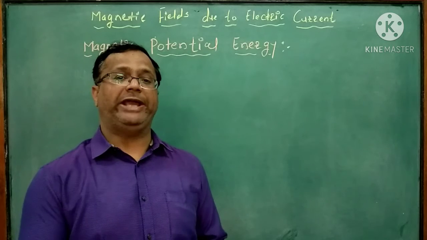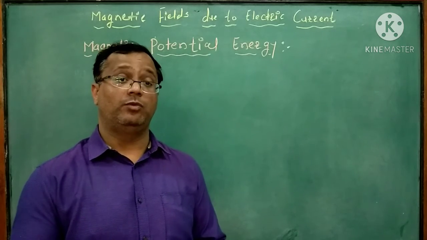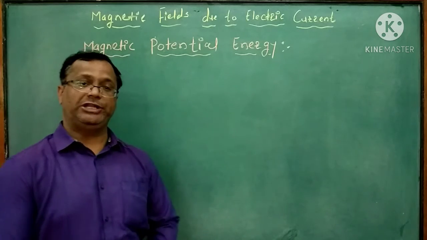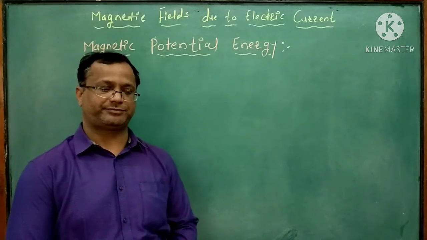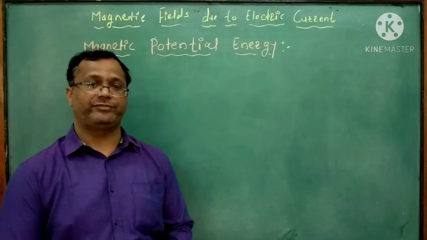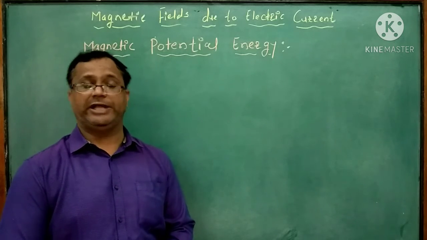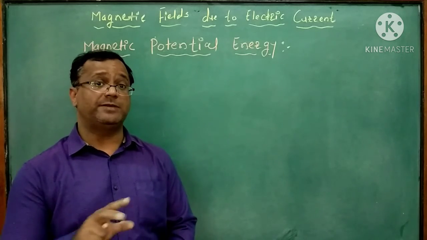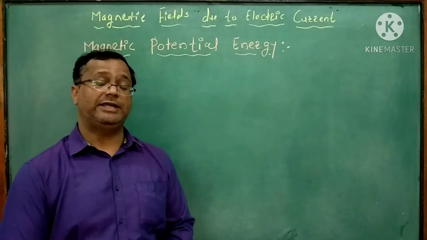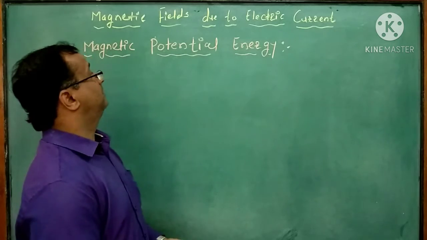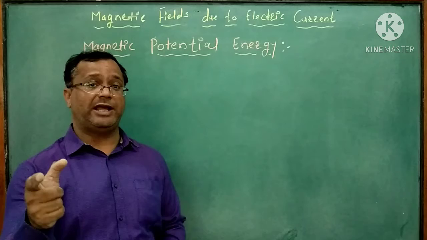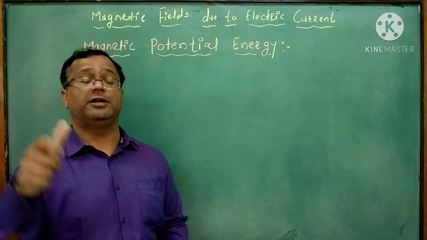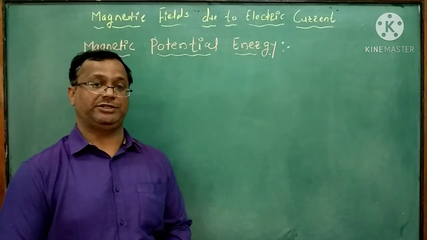After magnetic dipole moment, we want to find out the equation of magnetic potential energy. In the 8th chapter, you have already learned that when an electric dipole is placed inside the external electric field, then that electric dipole possesses potential energy.